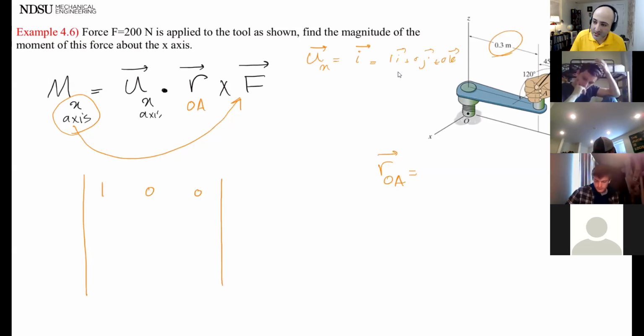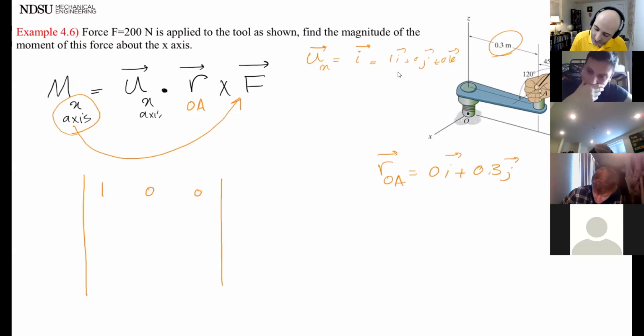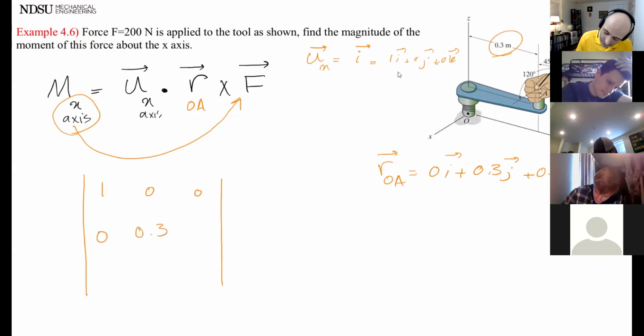So 0 minus 0, 0I, 0.3 minus 0, J, 0.25 minus 0, K, and those are all meters. So let's put it right in the matrix right away: 0, 0.3, 0.25. These are all meters. This has no units.